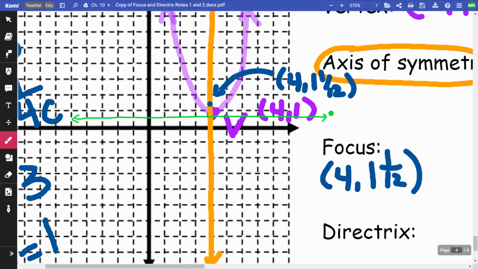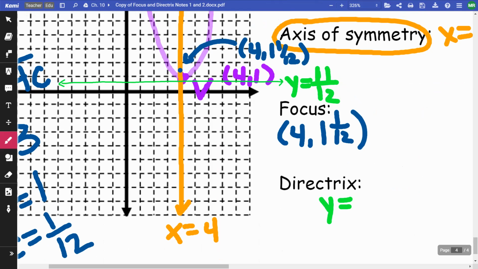So this is going to be y equals, and the vertex was up at 1. I'm 1/12 below, so I'm at 11/12. So this is going to be y equals 11/12, and that's my equation.